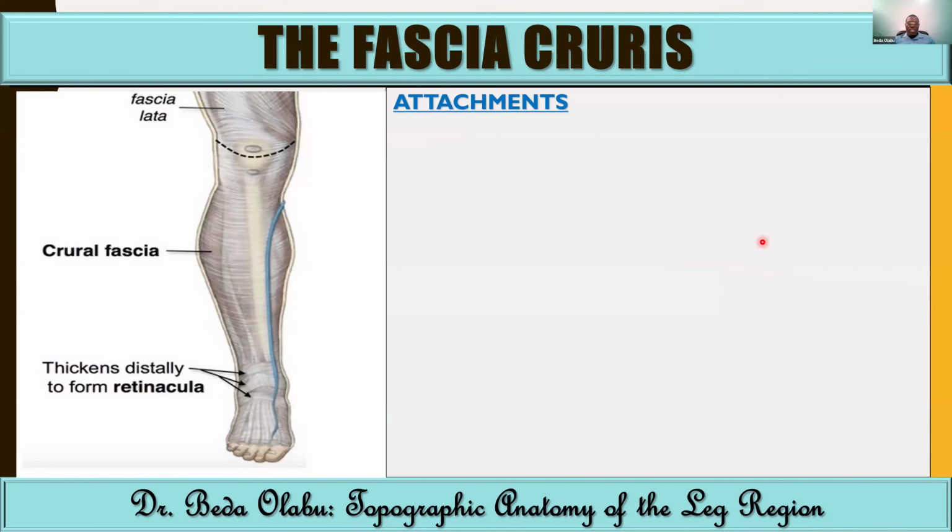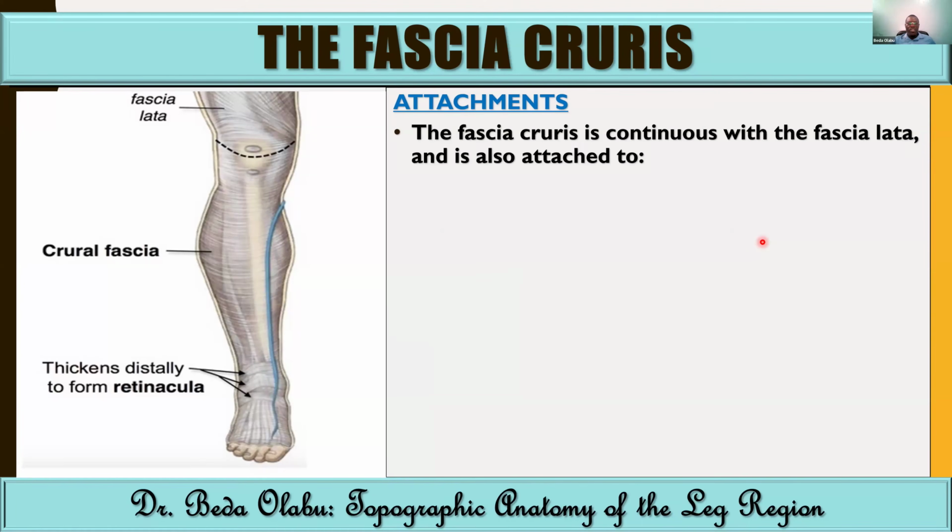So the fascia cruris is the deep fascia of the leg, just like fascia lata is the deep fascia of the thigh. Indeed, the fascia cruris is actually a continuation of the fascia lata. So fascia lata continues as fascia cruris, especially in parts where the fascia is attached.